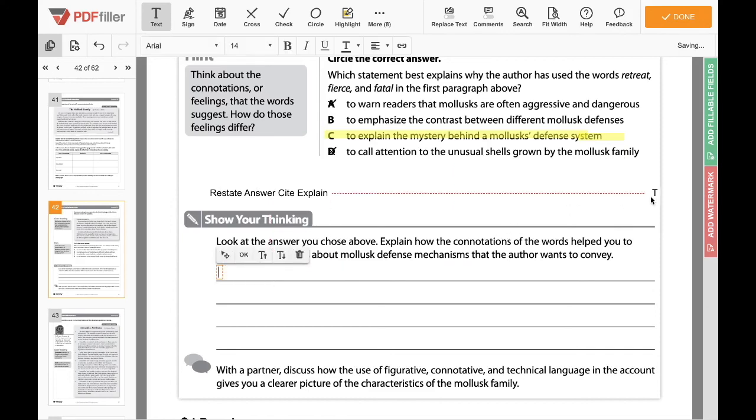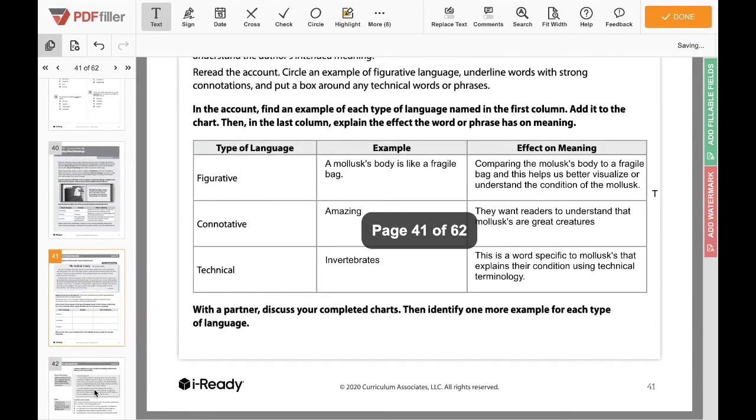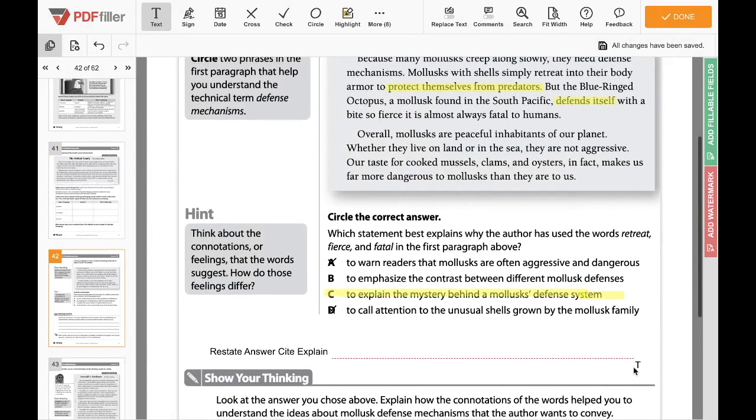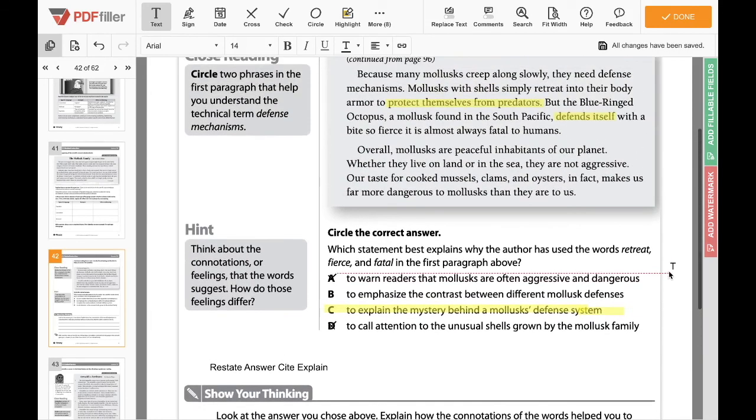So let's look at the word retreat. When we think of the word retreat, I would personally have a negative connotation with that, just because that seems sort of cowardly and like they are running away, sort of.